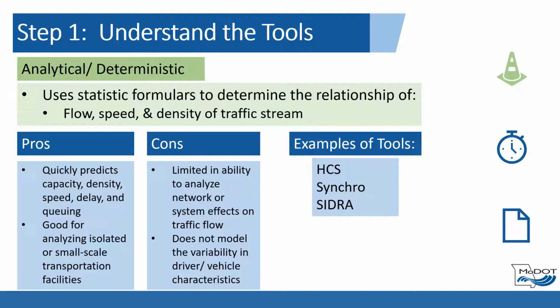Examples of analytical deterministic tools include HCS, Synchro, and SIDRA. Reminder: analytical deterministic tools may have limited application to address the most complex projects that need modeling, but they provide resourceful and effective solutions to address a broad spectrum of project needs.